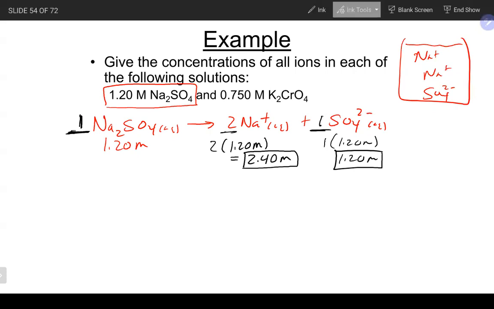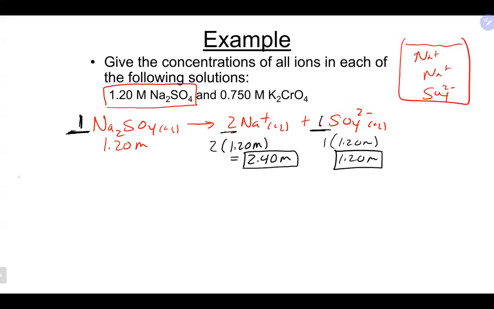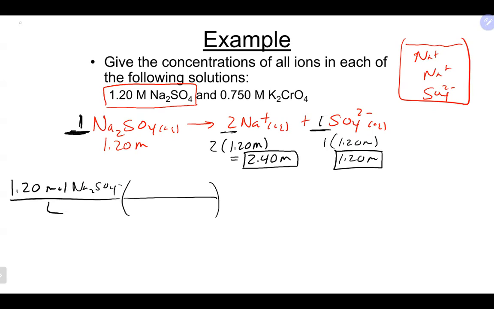So if we started with our original solution, 1.20 moles of sodium sulfate per liter, which is what molarity means, we could do a stoichiometry relationship here. Just like we did stoichiometry, 1 mole of sodium sulfate gives me 2 moles of sodium ions.